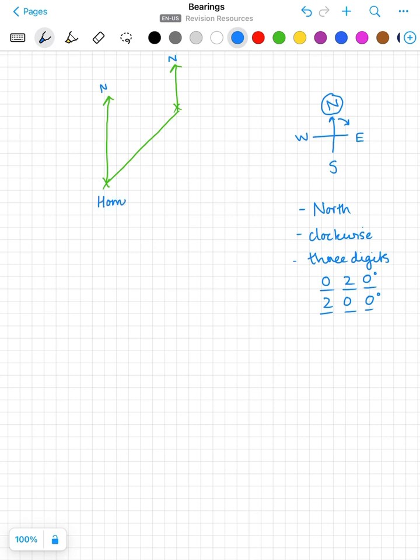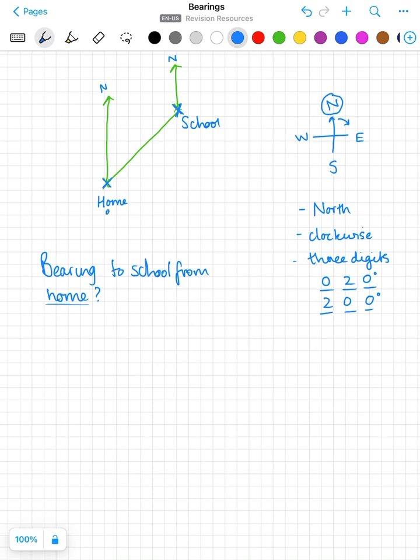So let's imagine we have got home, which is at the first cross, and school, which is at the second cross over here. Now, if we want the bearing to school from home, we have to imagine where we are starting. If you are going to school from home, you start at home.